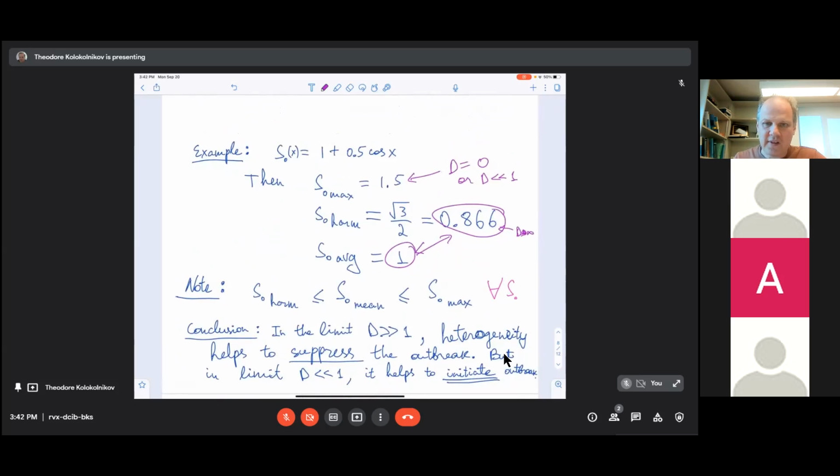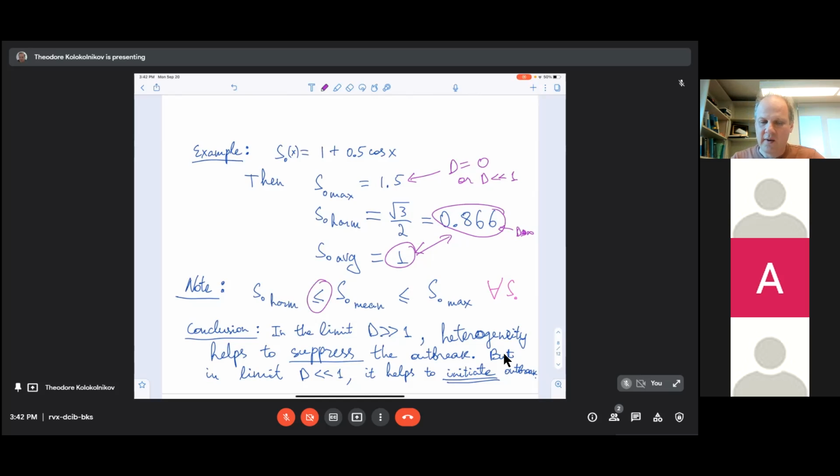The other conclusion is that in the limit where d is very large, if you have heterogeneity, then it's actually well known that the harmonic average is always less than the mean of the population, or the average density.